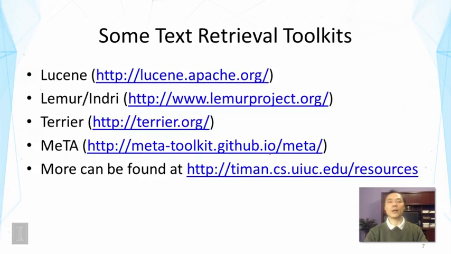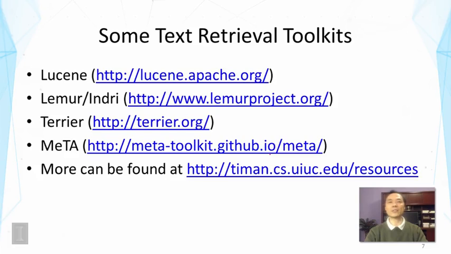So here's a list of some text retrieval toolkits. It's not a complete list. You can find more information at this URL on the bottom. Here I listed 4 here. Lucene is one of the most popular toolkits that can support a lot of applications, and it has very nice support for applications. You can use it to build a search engine application very quickly.